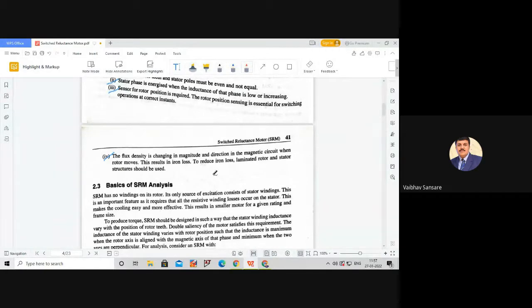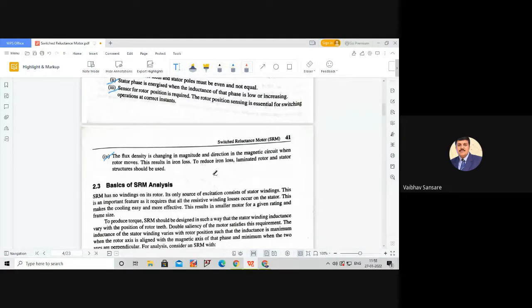If we recall, hysteresis losses and eddy current losses are generally termed constant losses, also known as iron losses. These losses are only produced in the magnetic circuit due to the variation in flux density whenever there is movement of the rotor. If the rotor is held stationary, the eddy current losses and hysteresis losses are generally negligible.